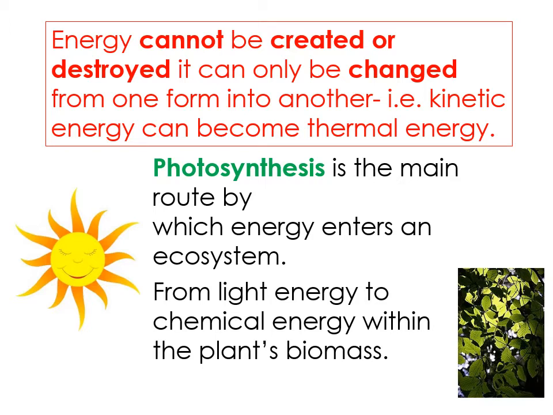So they make glucose, and they do this from atmospheric or aquatic carbon dioxide. Okay, they are autotrophs, so they're creating their own food, if you like, and as they do that, the light energy is being converted to chemical energy within the biomass of the plants.